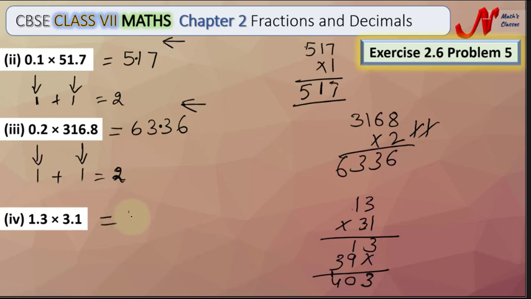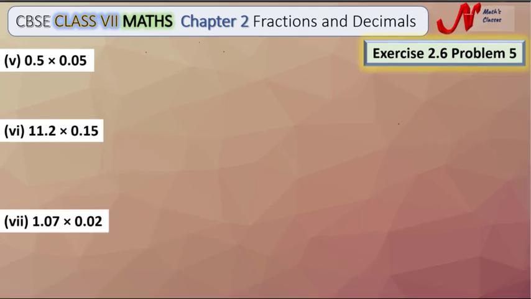We get the product 403. So in 1.3 we have 1 digit after the decimal point. In 3.1 we have 1 digit after the decimal point. So together we have 2 digits after the decimal point. In the product, from right to left, we keep the decimal point after 2 digits. So we get 4.03.